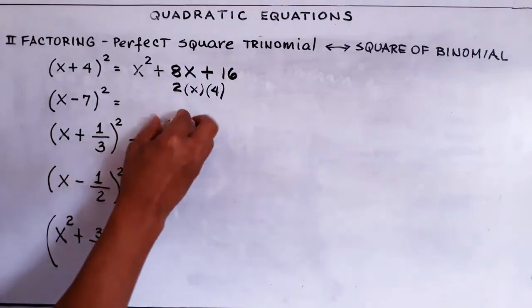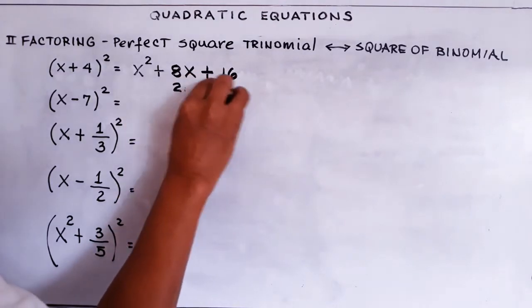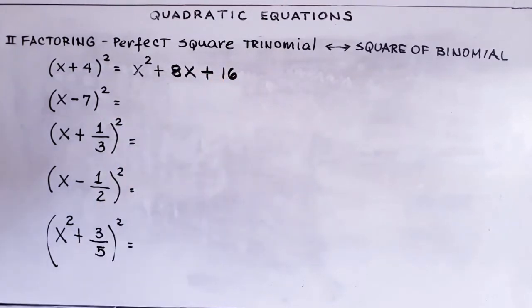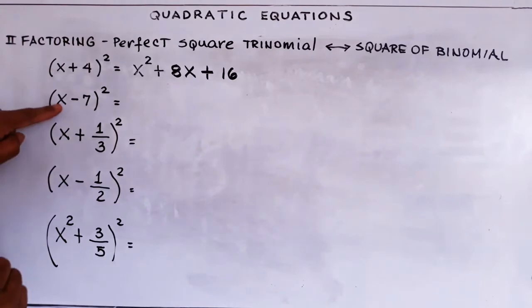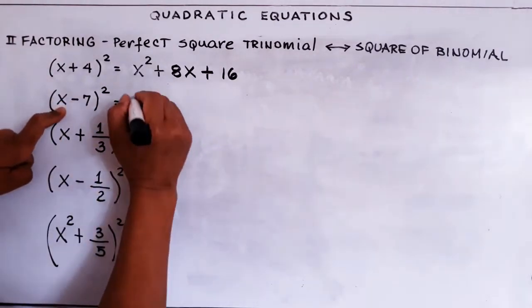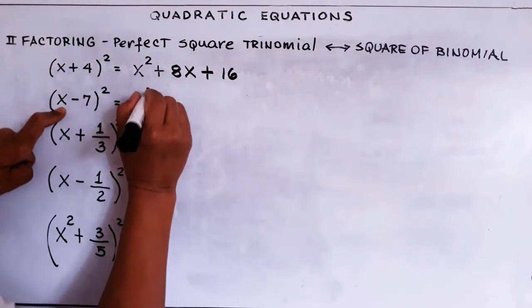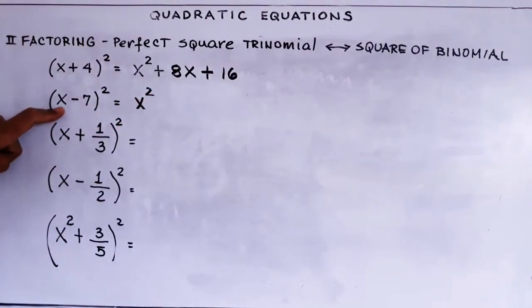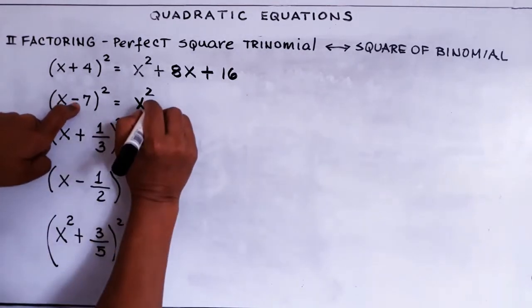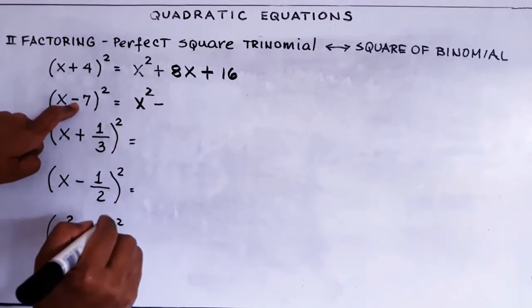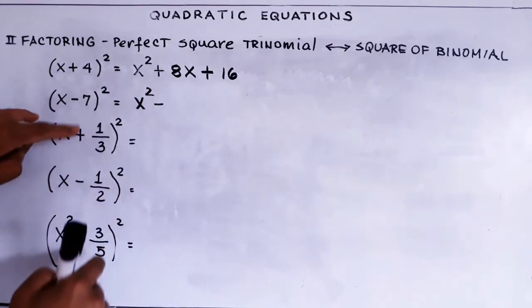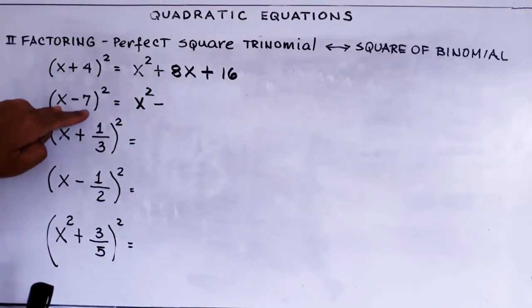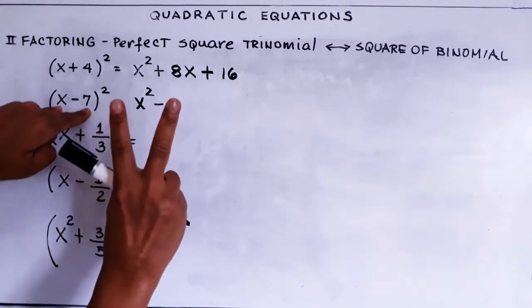Okay, I'm going to raise this one again. There's 2 here. Next, x minus 7 to the second. X times x is x squared. What is the sign of the middle term? Because this one is minus, we'll put a minus there. How do we get the middle term? We multiply this and this times 2.